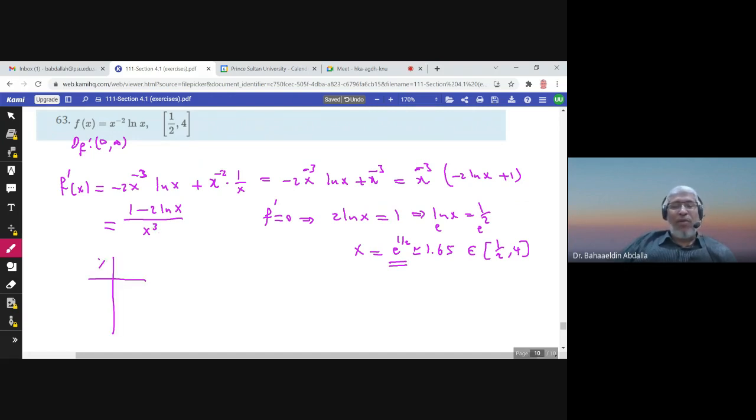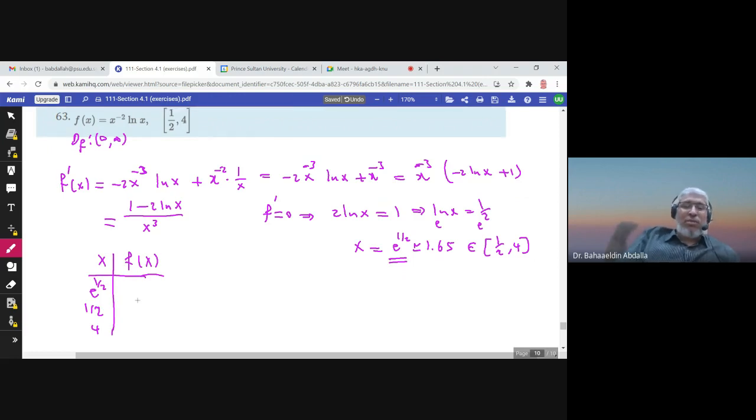Anyway, we put e to the power half and the end points of the interval, and we find f of each one of them. So ln e to the power half is just half, and we have to replace x by e to the power half and raise it to the power negative 2.